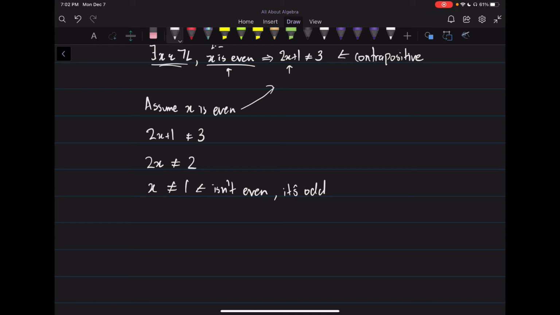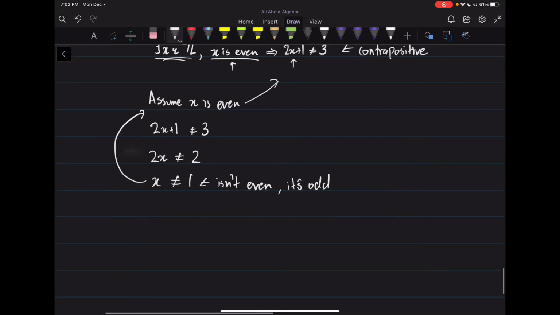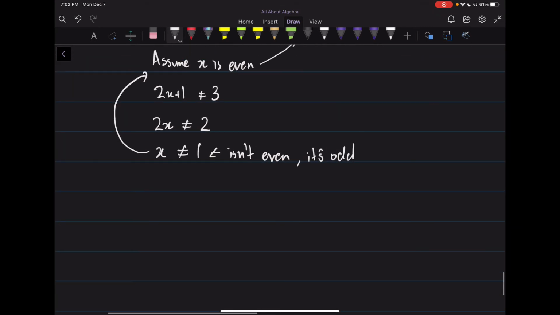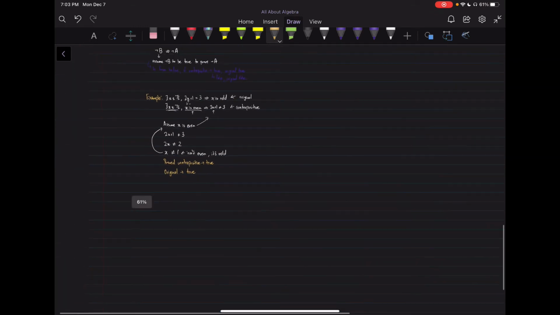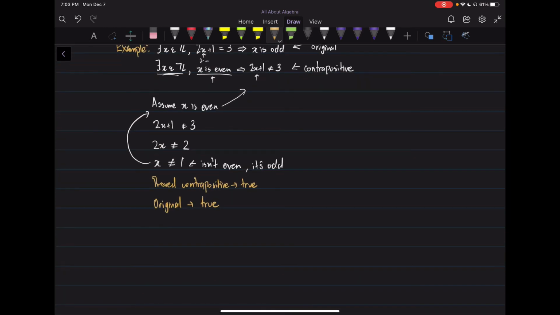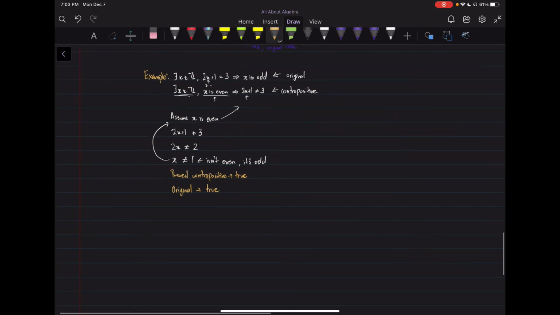So it does not contradict our assumption of x is even, which means that we've proved the contrapositive true, which means the original is also true. So if we've proved our contrapositive to be true, we know that our original is true.